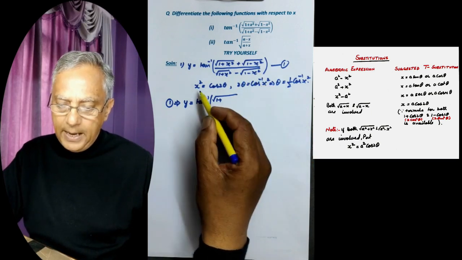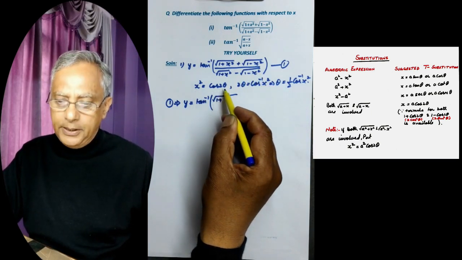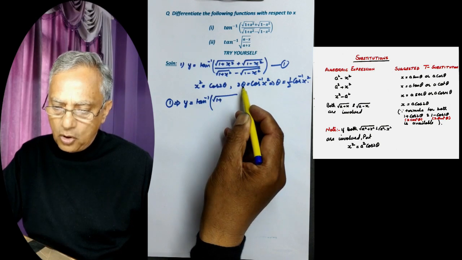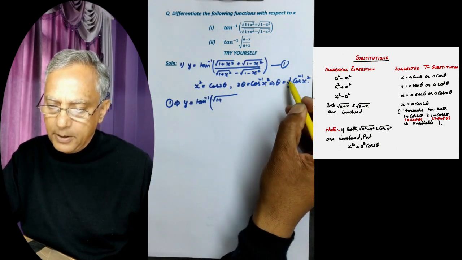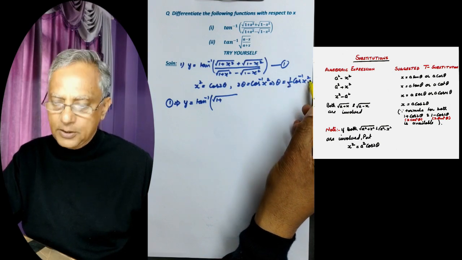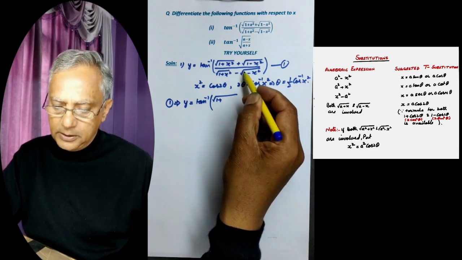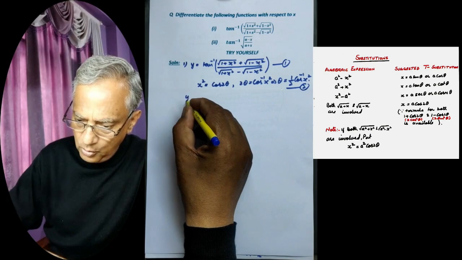So we substitute x square equal to cos 2 theta. So 2 theta must be cos inverse x square, and theta therefore must be 1 by 2 cos inverse x square. Now we substitute this in this equation.